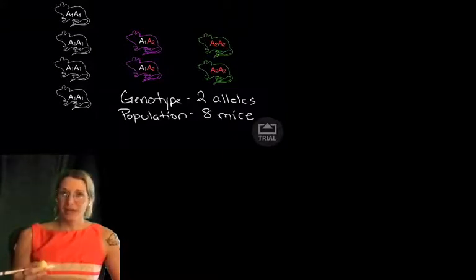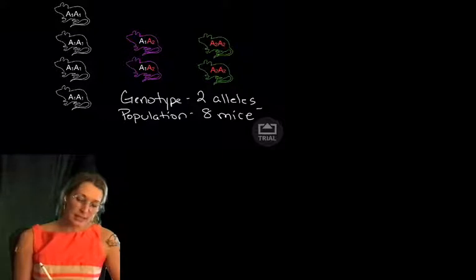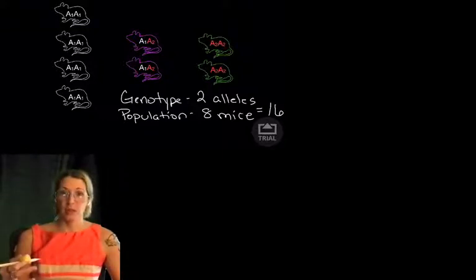So if we have 8 mice and 2 alleles, that means that there are 16 copies of this gene in this population, because each allele represents a copy of the gene. They might be slightly different copies, but it's still the same gene. So in our population, we have 16 total copies of this gene.